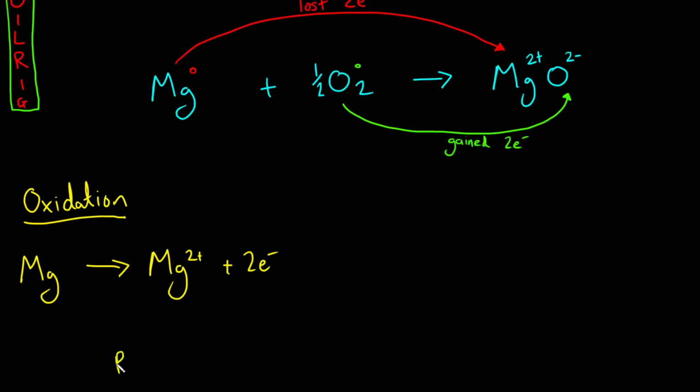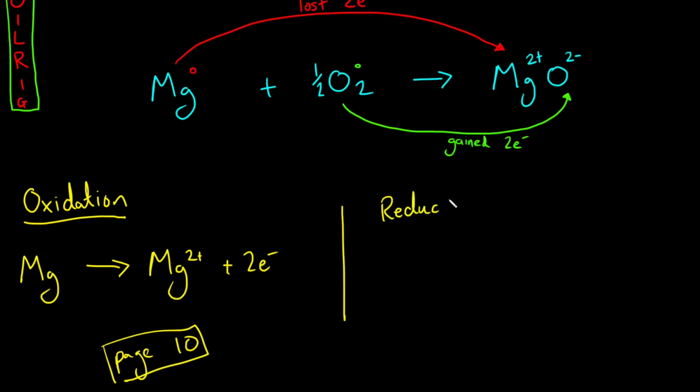Or you could just go to page number 10 in the data booklet, find magnesium, and then to write the oxidation reaction, I just write that equation in reverse like I've done here, and we'll get the exact same answer. For the reduction step, again, I can just go to page number 10, find the correct equation and just write it as is. I don't need to do anything to it for a reduction reaction. I just write it exactly how it is in the data booklet, but for an oxidation, I reverse it, I flip it round.